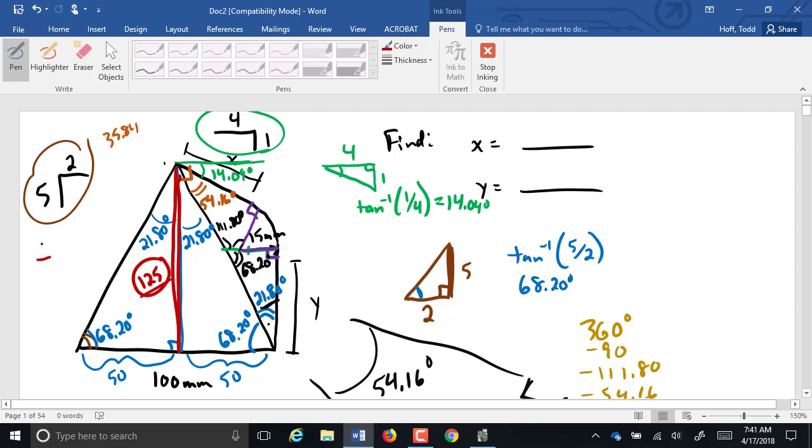It's a 5 to 2 ratio over 50. Cross multiply and divide is 125. So now this tells me where I need my right triangle up here. I'm going to put it right there. So I have that triangle there.